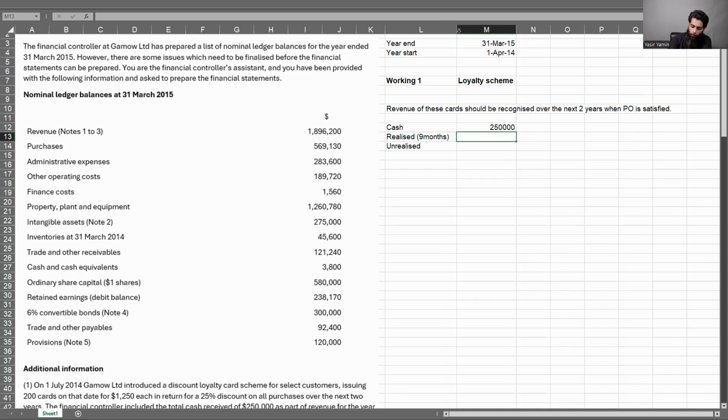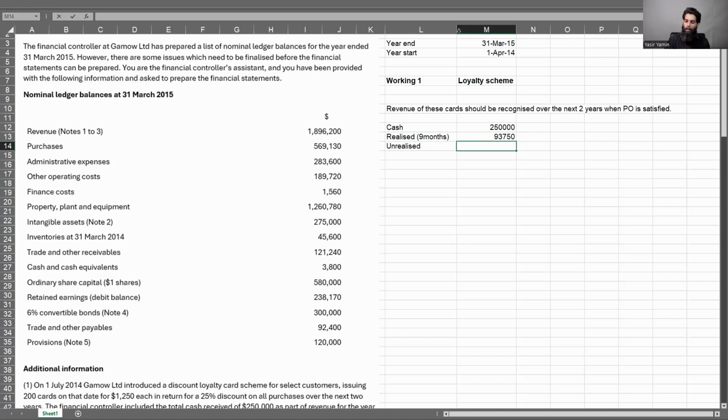So 250,000 multiplied by 9 divided by 24 gives 93,750 worth of revenue, worth of performance obligation satisfied by this accounting year end, but the rest should be recognized as advance income.